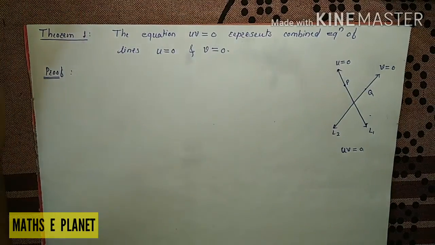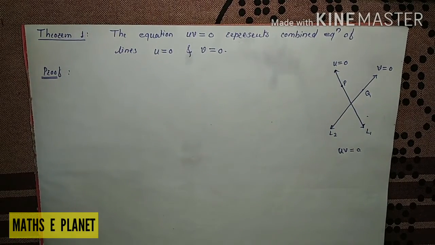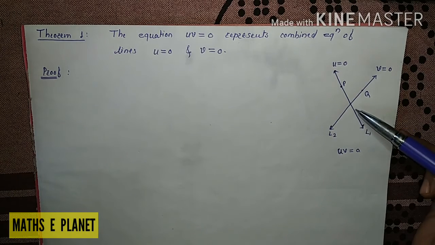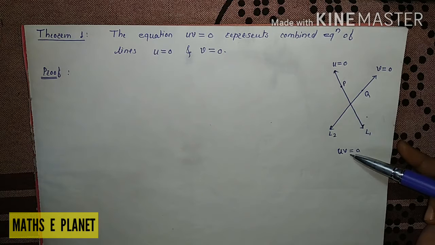So let's prove the theorem. The proof of this theorem consists of two parts. In the first part, we have to prove that any point which lies on u is equal to 0 or v is equal to 0 lies on the locus u into v is equal to 0.